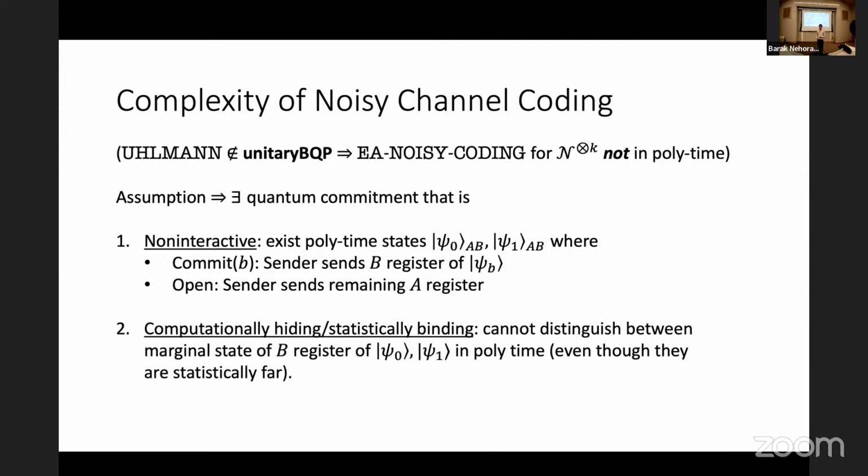It satisfies being computationally hiding, meaning that when the receiver gets the B system of either of these two states, in polynomial time it cannot distinguish whether it got psi 0 or psi 1. Even though if it had infinite time it could distinguish, restricted to polynomial time it cannot. This is called the computational hiding property. So we're going to use a commitment scheme like this.